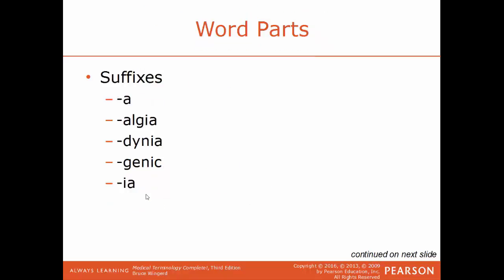Some common suffixes you'll see. For this system, "ae" is usually a reference to a plural form of a Latin word. For example, when talking about one of the upper chambers of the heart, that would be an atrium. If you're talking about both of them together, that would be atria. So that would indicate a plural form of a Latin term. The suffix algia is a reference to pain. And the next term, dynia, is also a reference to pain.